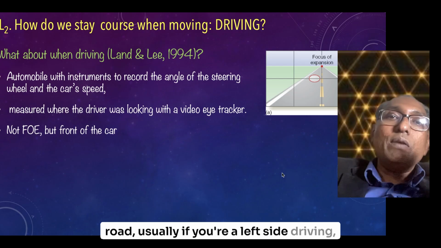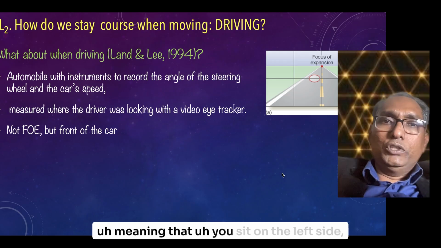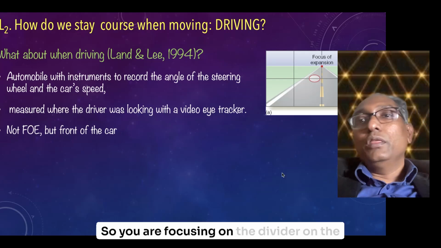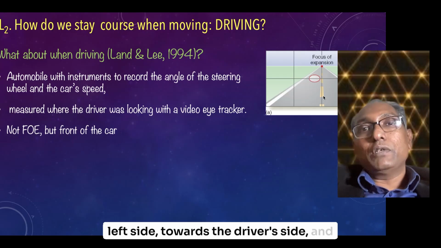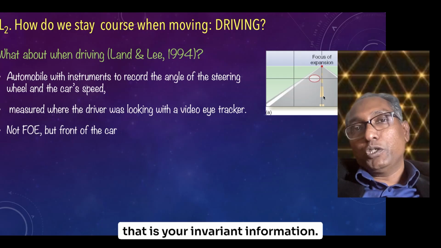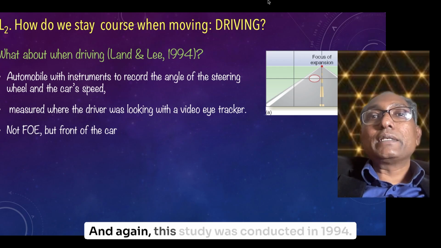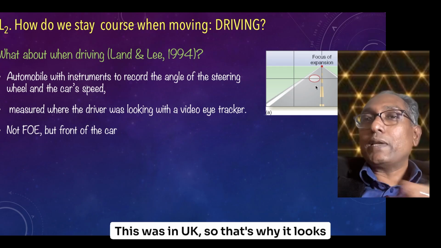The better way to do it, the invariant information, is to focus on the road. Usually if you're a left side driver, meaning that you sit on the left side, you are focusing on the divider on the left side towards the driver's side, and that is your invariant information. In fact, a study was conducted in 1994. This was in the UK, so that's why it looks slightly different here.